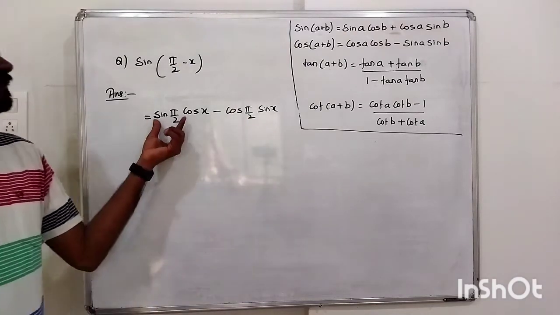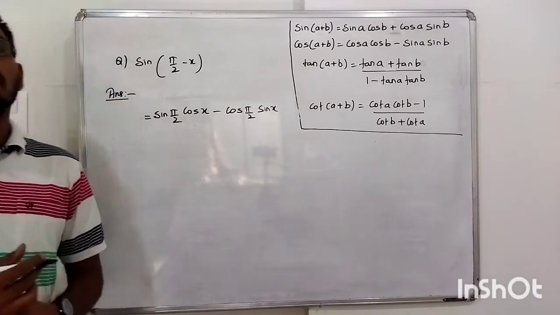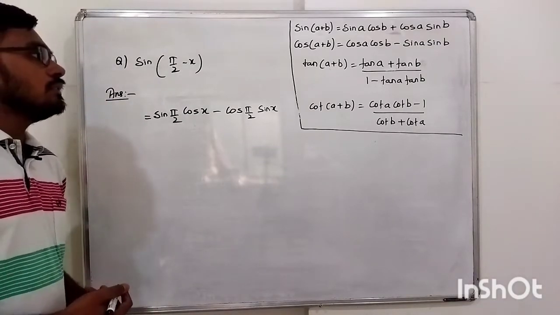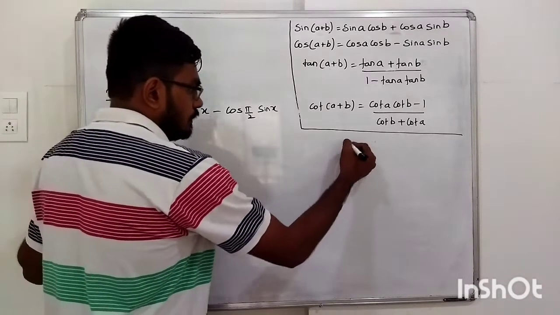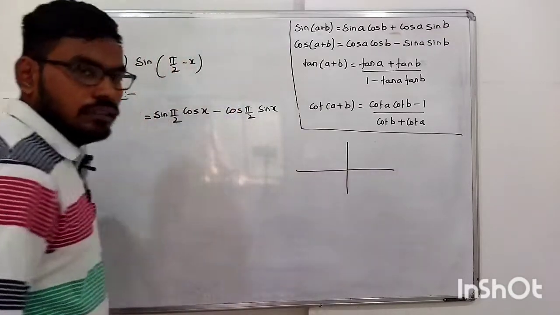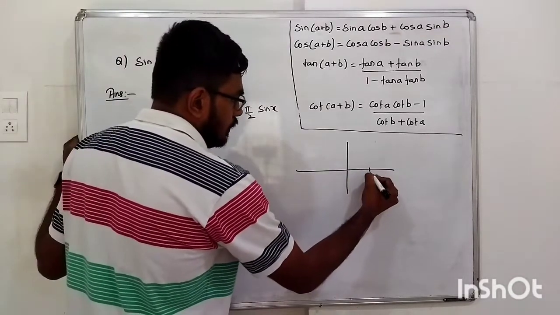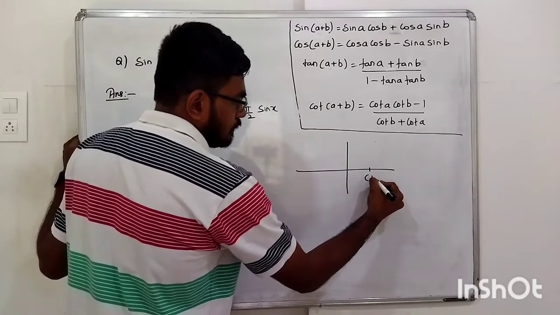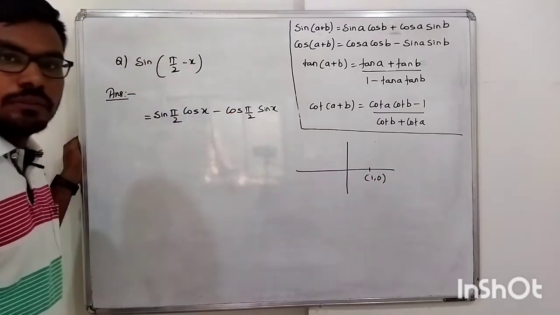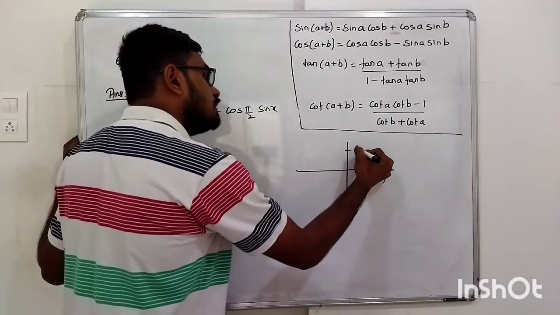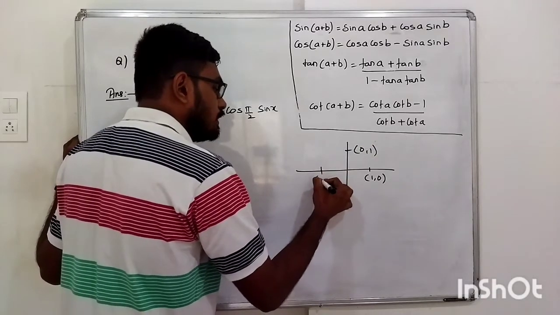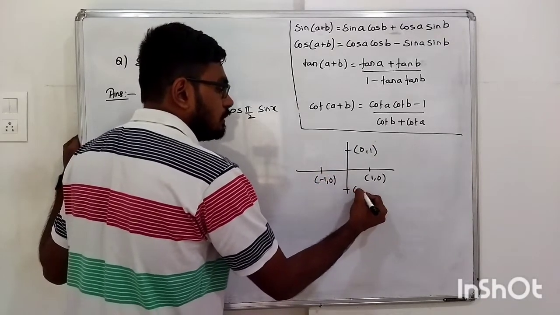And now what is sine of 90 degree and cos of 90 degree? For this also I told you a shortcut. Use this. Obviously the point here is 1 0, here the point is 0 1, here the point is minus 1 0, here the point is 0 minus 1.